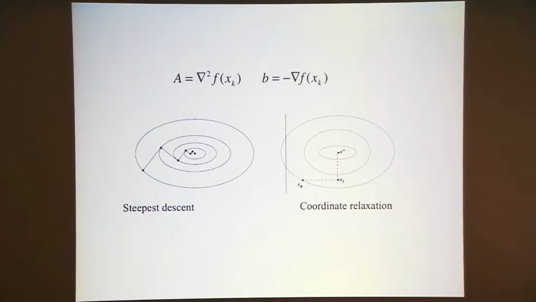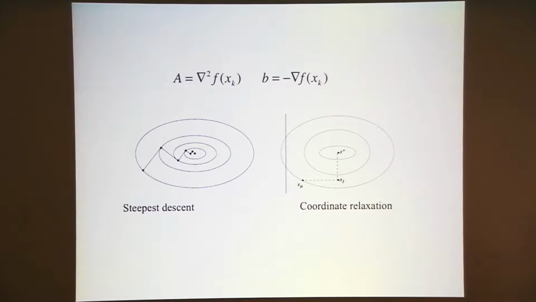How about the coordinate relaxation method? Steve Wright mentioned that in several contexts. I'm going to use it because I need it for two different reasons. But the first picture is the following. Suppose that the contour lines of your objective function are elongated ovals, ellipses, but their axes are aligned with the coordinate directions.